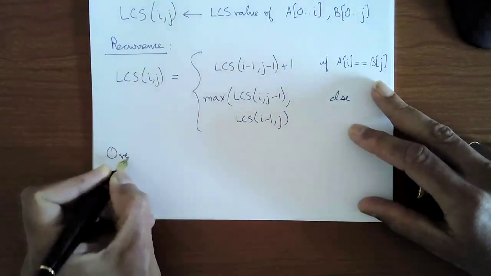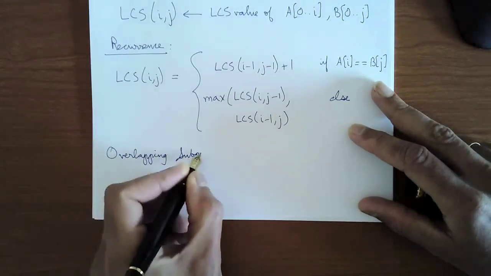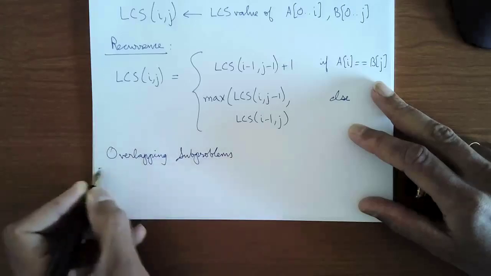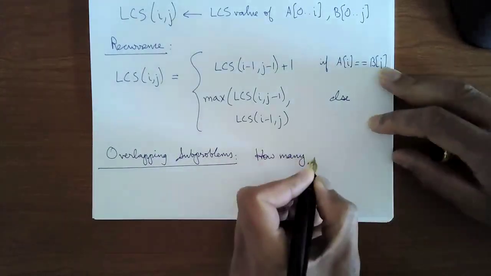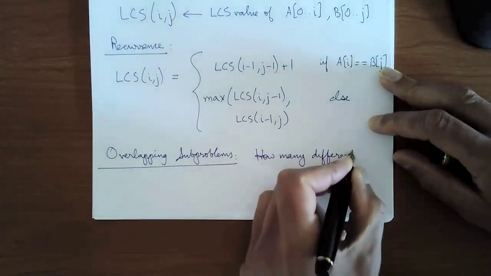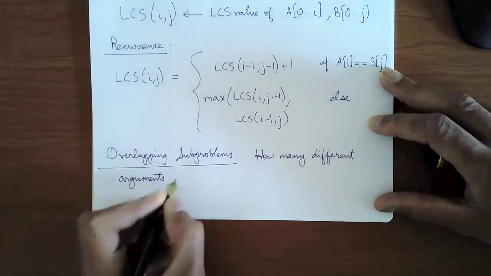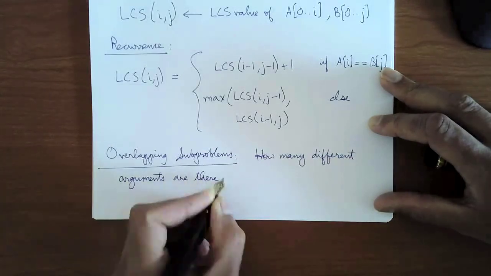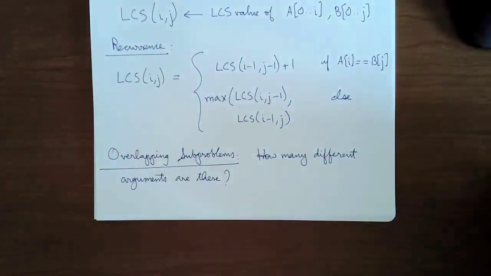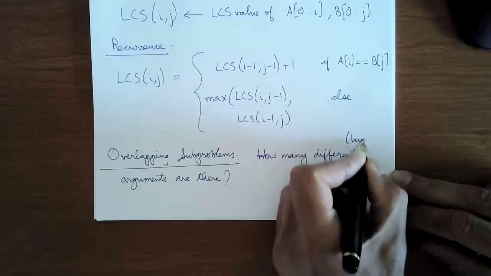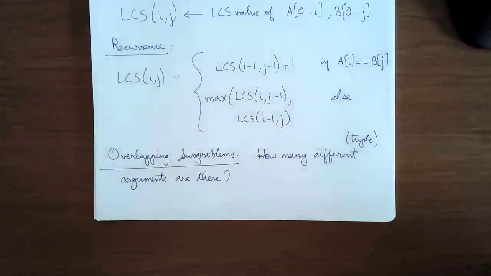Okay? So we start with the recurrence. Now we're going to see the overlapping subproblems. How many different arguments are there? By different arguments, I'm looking at the entire tuple of arguments. How many different possibilities are there for the arguments?